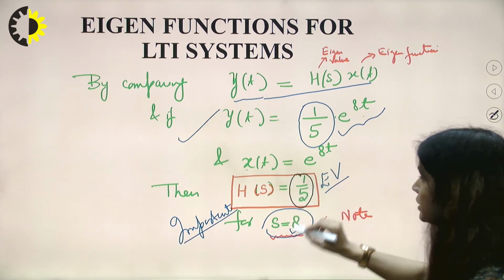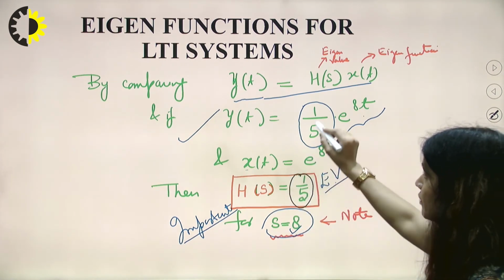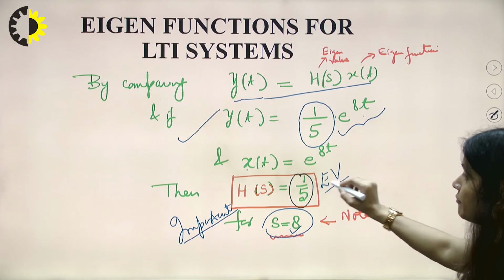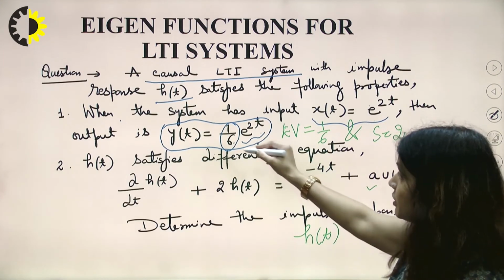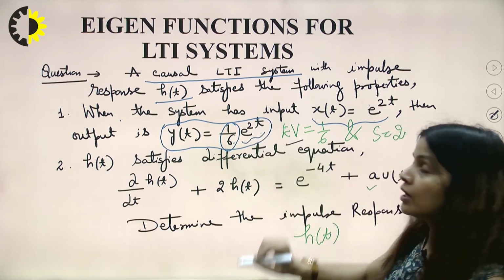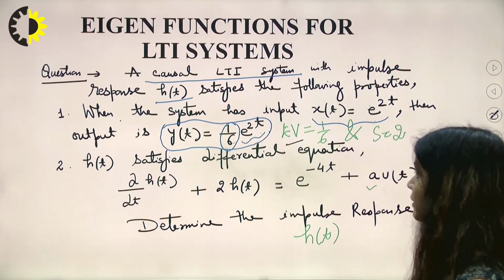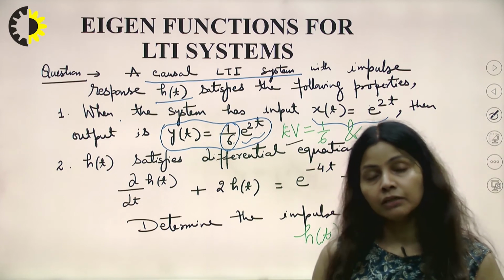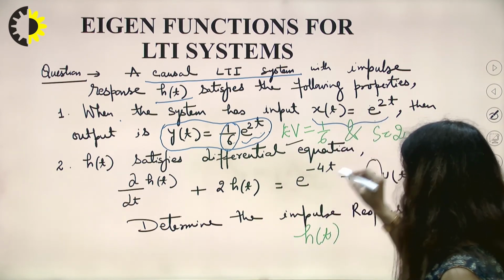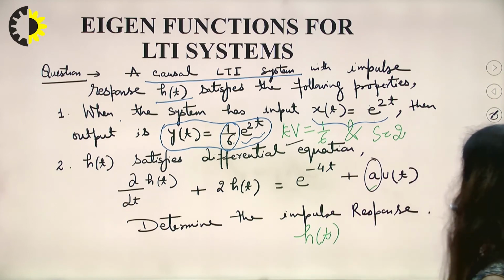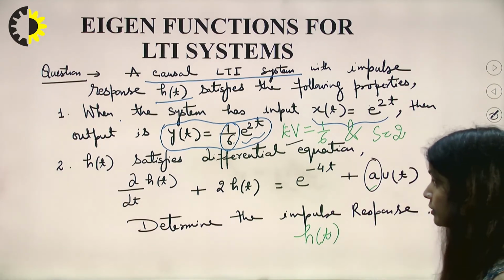This constant, the eigenvalue, just like here I have taken this eigenvalue as 1 upon 5, in the question we can say that eigenvalue is 1 by 6. So I will write all these terms in my differential equation because my aim is to find out the value of a. This is what we want to find out.